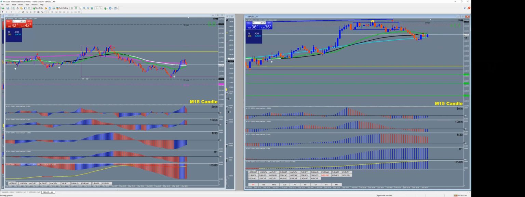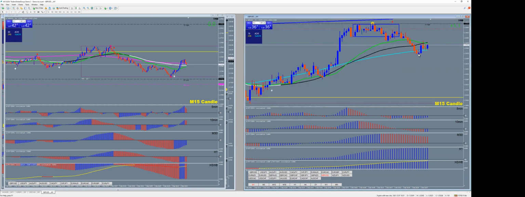Okay. If it breaks this structure, yeah, I will be bringing my stops up here anyway, on top of that high, and eventually just move it to break even. As it broke this structure, that's why it's up here.